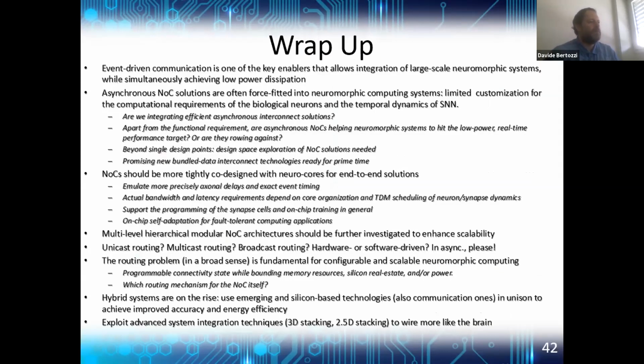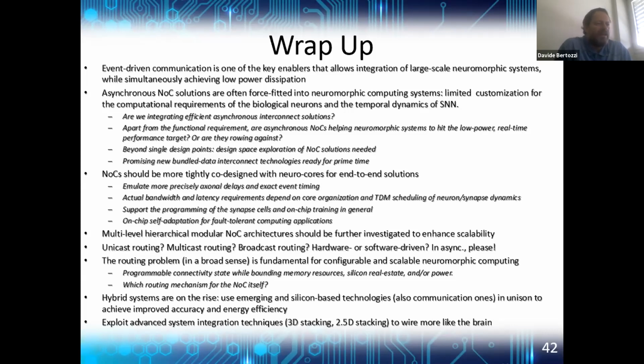Let me wrap up this long talk with some considerations about neuromorphic systems and networks on chip for them. Event-driven communication is one of the key enablers that allows the integration of large-scale big brain chips. And event-driven communication is also a very power-efficient way to get system-level composition.